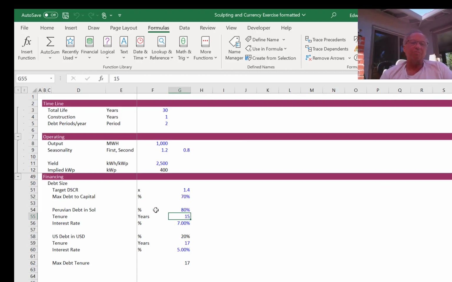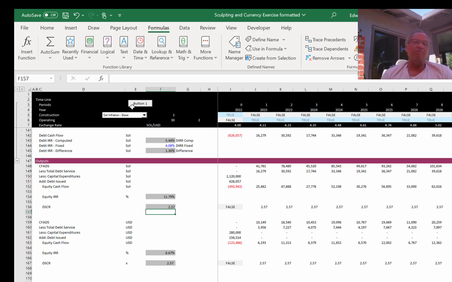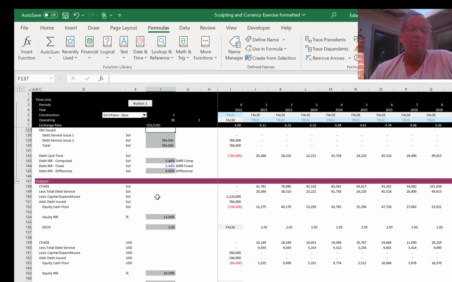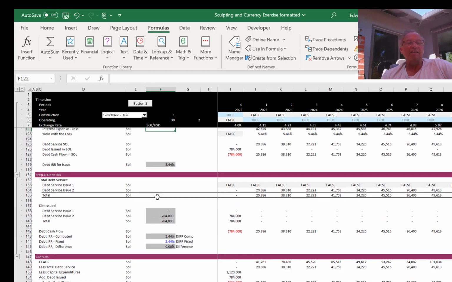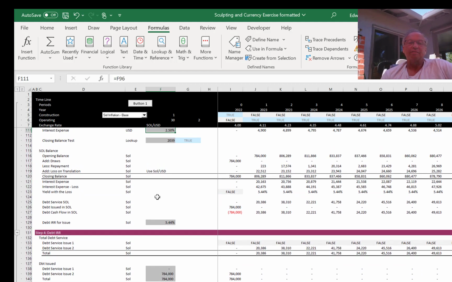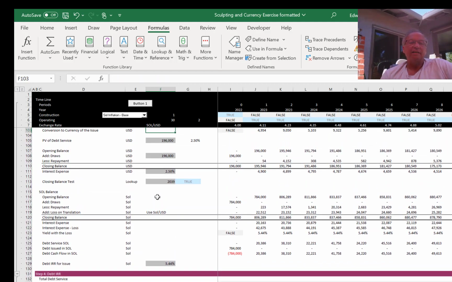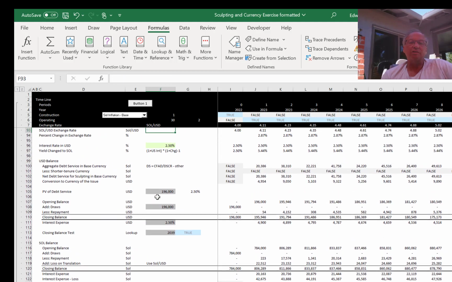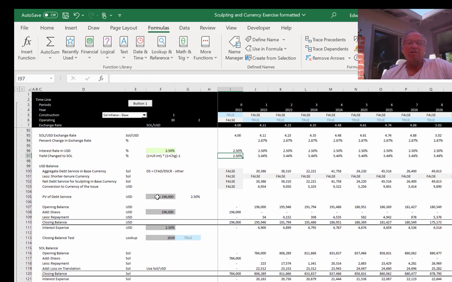And let's put it now all in soles. No, zero in soles. Let's put it all in USD. Okay, now our debt IRR here of 5.44 is exactly the same because it's all USD. It's exactly the same as our yield up here.